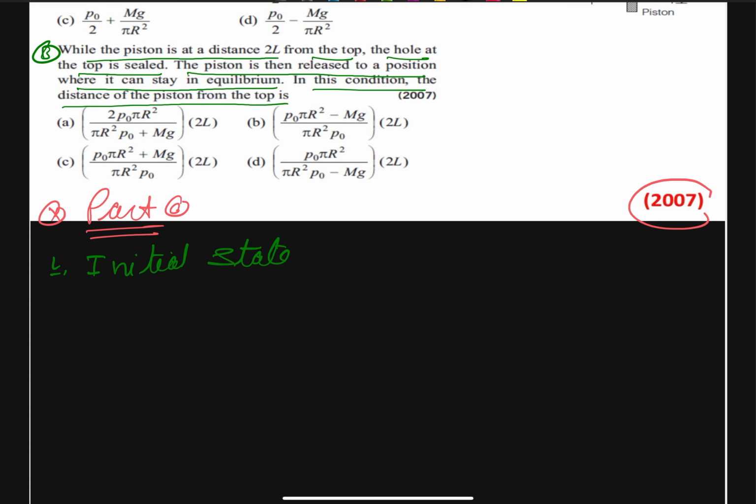In this initial state, we have given that the piston is at a distance L from the top.